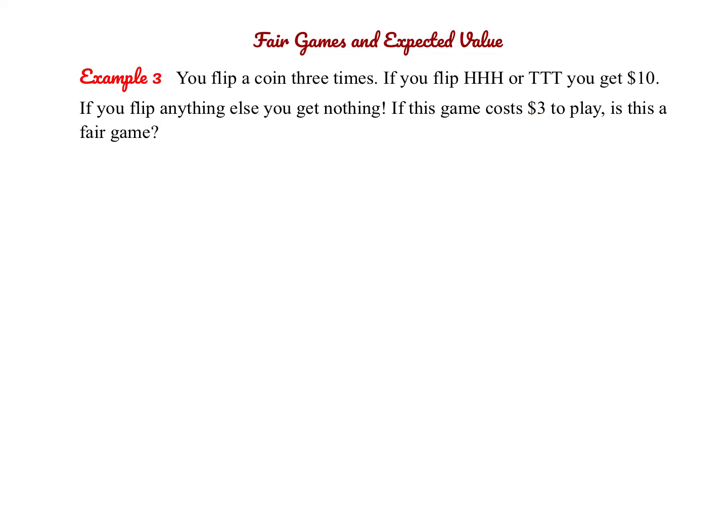To determine if something is a fair game, we need to know the expected value of playing this game. So that will definitely involve us finding the probability of the different outcomes of this game. First of all, if you're flipping a coin 3 times and each flip there's 2 possible outcomes, there's 8 total outcomes in this game.